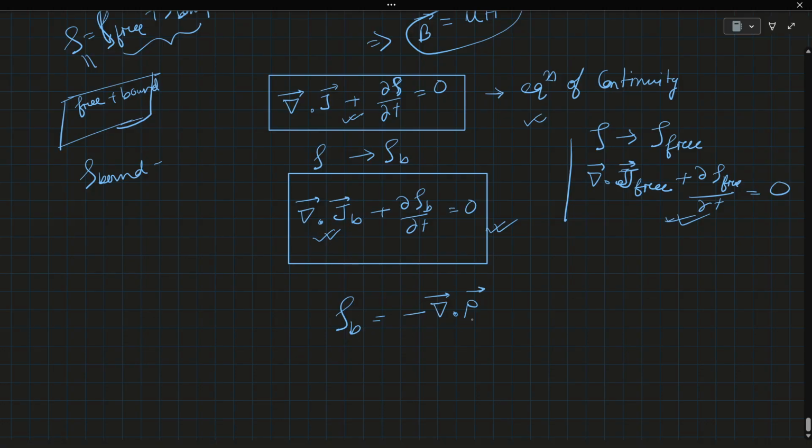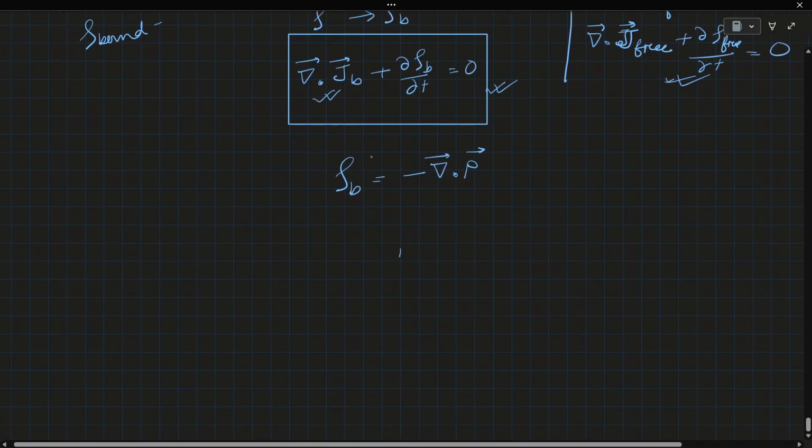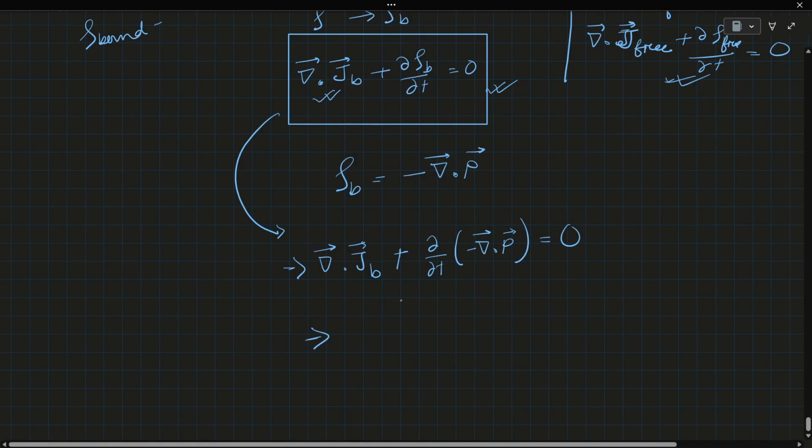minus divergence of polarization. If in this equation I replace this, then I can write del dot jb plus del by del t of minus del dot p equals 0. This is the step.